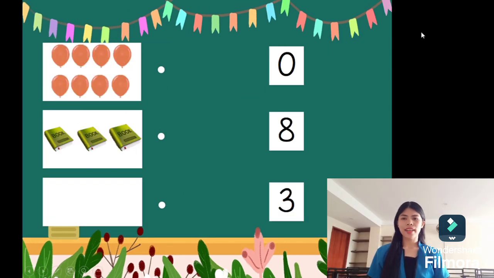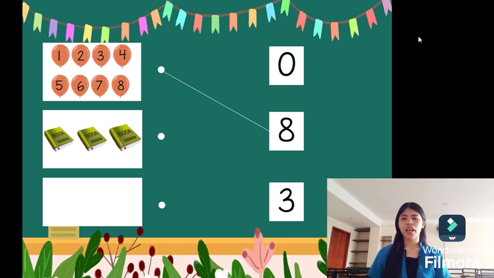Next, let's count how many objects are inside the box. 1, 2, 3, 4, 5, 6, 7, 8. We have 8 objects here. Now, let's find the number 8. Very good. This is the number 8.